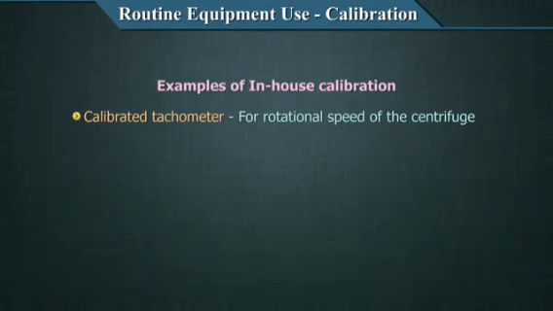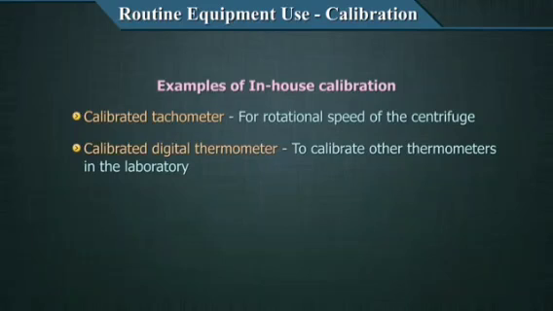If you go back to other examples which can be done in-house apart from your centrifuges, you can also calibrate digital thermometers, which are used to calibrate other thermometers in your laboratory. Calibrate one digital thermometer, then you can calibrate other thermometers using the one which you have calibrated, but the degree of uncertainty should always be clearly specified.